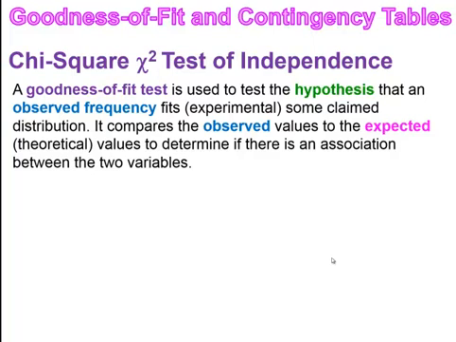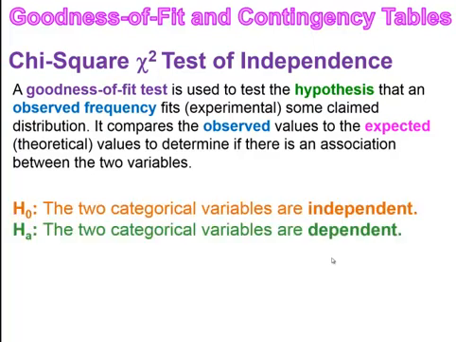So in this case, the chi-square test for independence. So it's working with the chi-square test. We're going to have a hypothesis. We're going to be comparing our observed frequency in the table to an expected frequency of the table. And then the statement for the null hypothesis is that the two categorical variables are independent, or the two categorical variables are dependent.